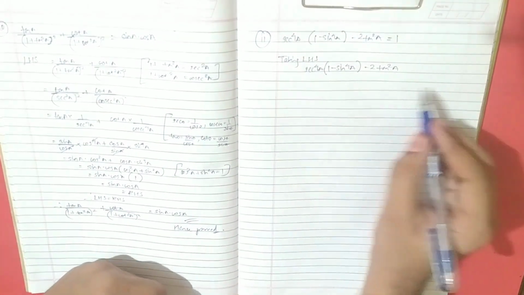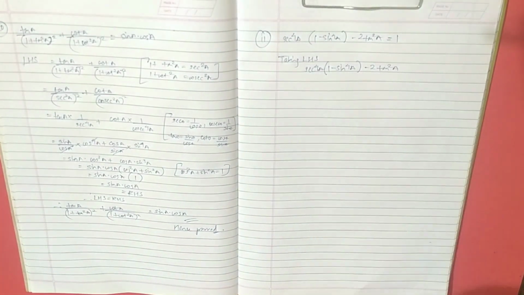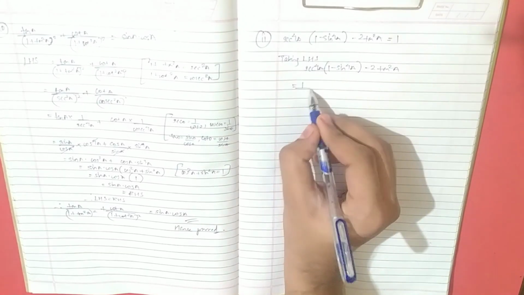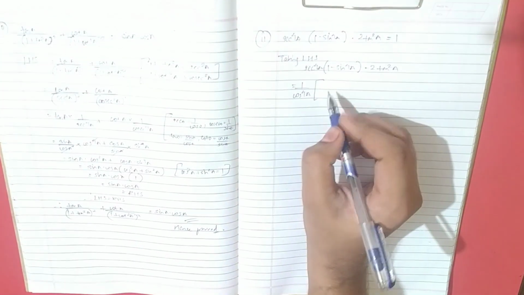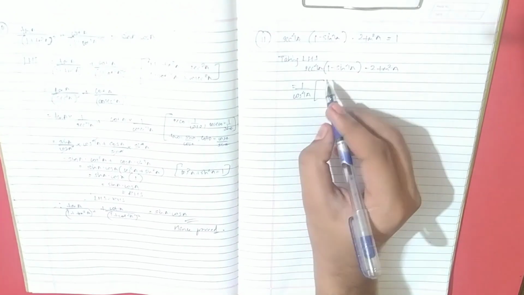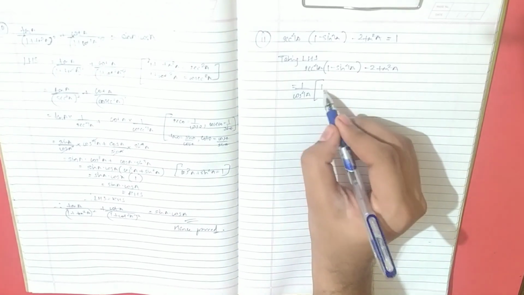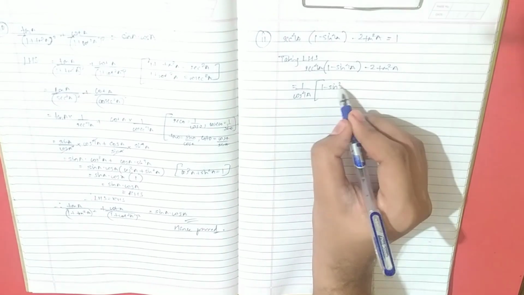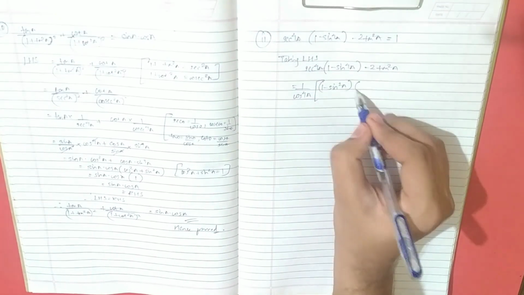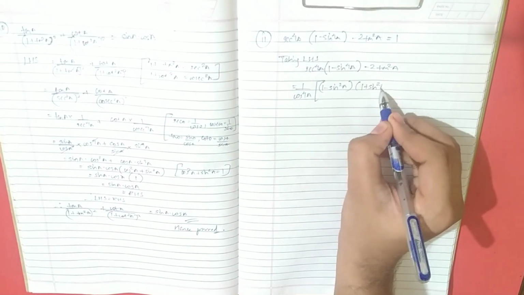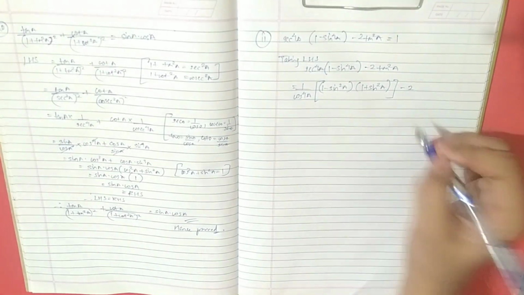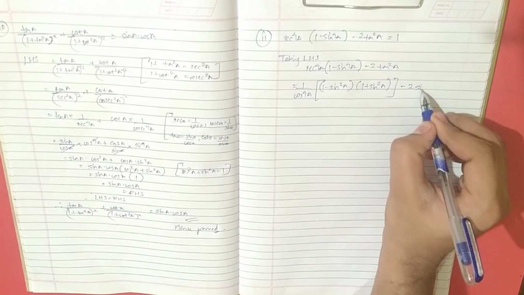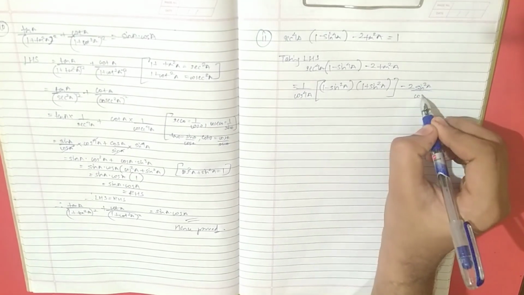Now sec can be written as 1 upon cos, so this will be 1 upon cos raised to 4a, and this will be written as (1 minus sin square a) into (1 plus sin square a), and tan theta can be written as sin theta upon cos theta, which will be 2 into sin square a upon cos square a.